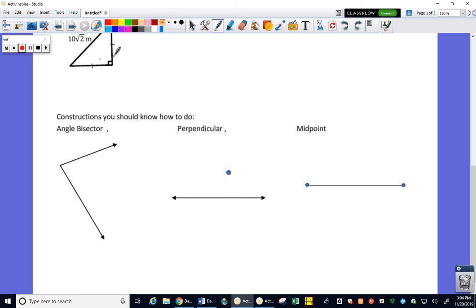The first thing you need to do on an angle bisector is draw congruent arcs from your vertex. On your paper, write draw arcs from vertex.